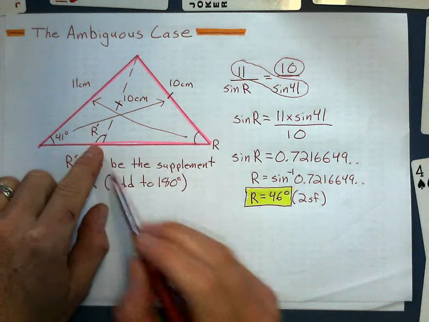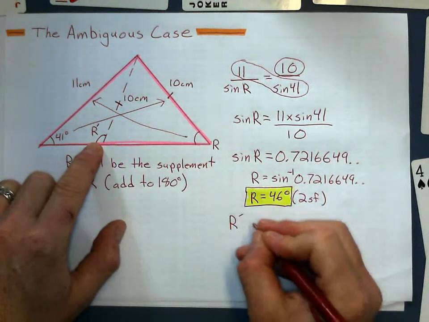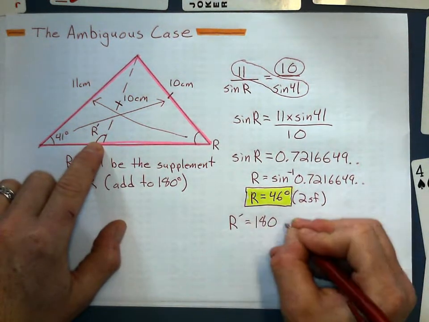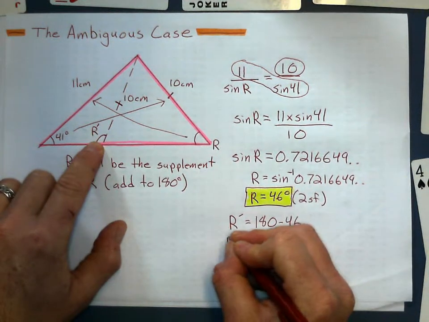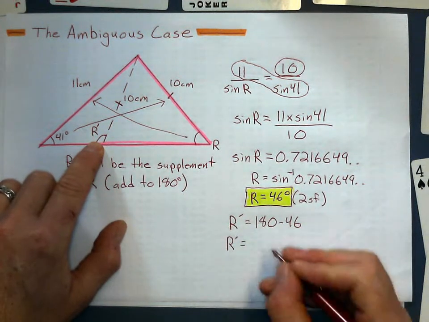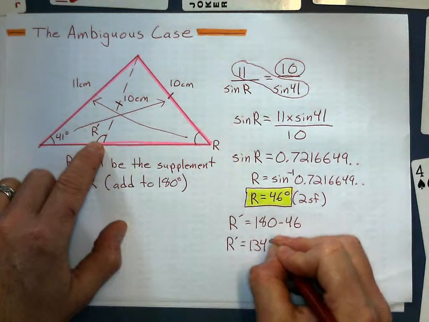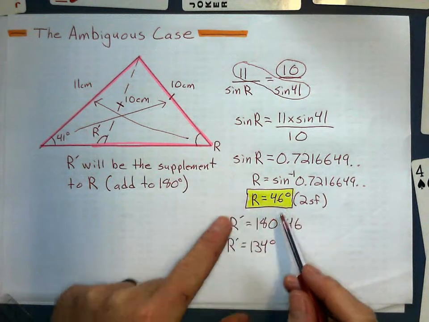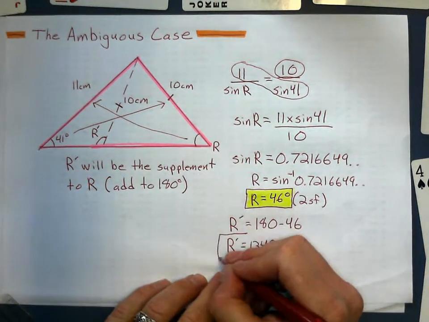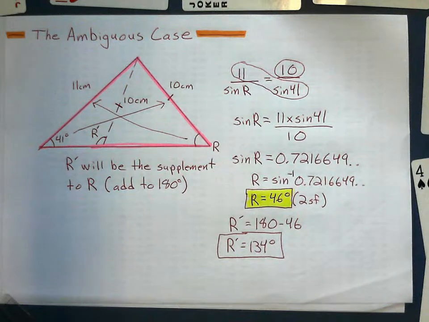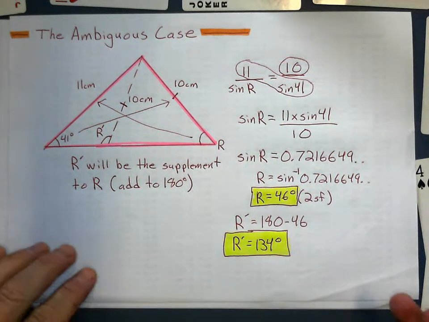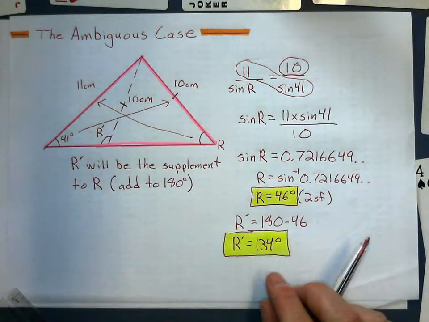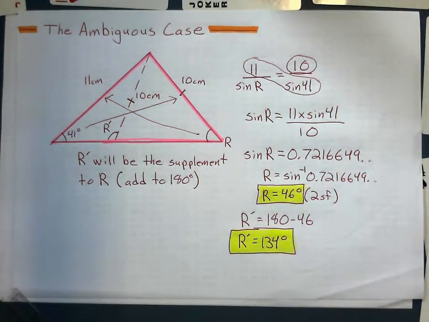But I could also have this triangle with the supplement of r dash, and that's just going to be 180 minus 46, which would give me 134 degrees. It's the supplement. Okay, so that's called the ambiguous case, which you do have to look out for. This answer is not wrong. It's just that this problem has two different answers that could arise. Okay, that's it. So just look out for that one called the ambiguous case, and good luck.